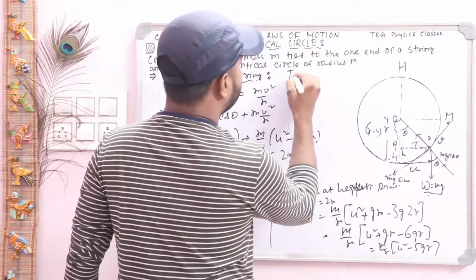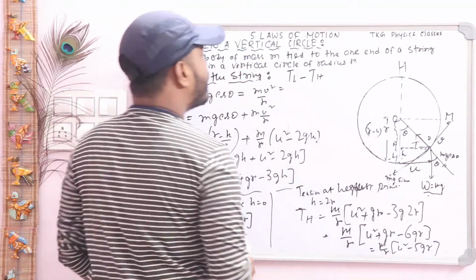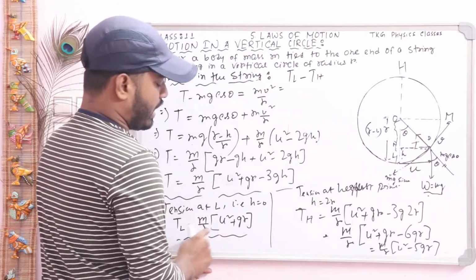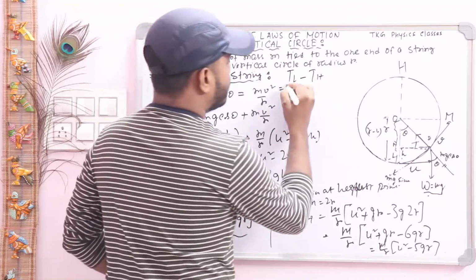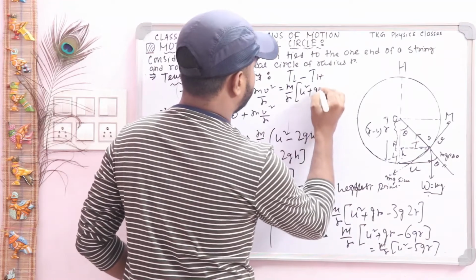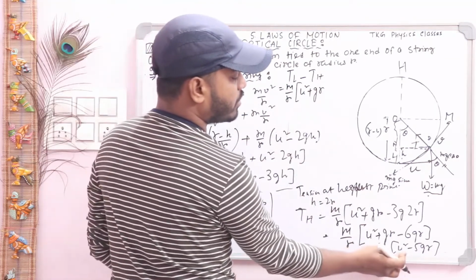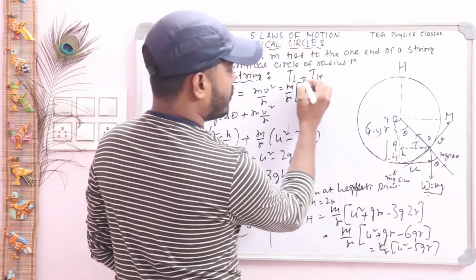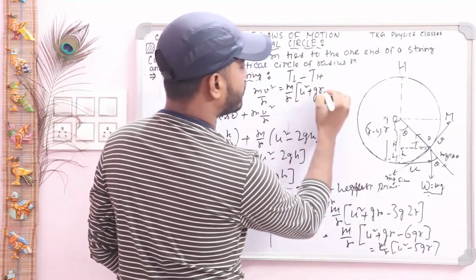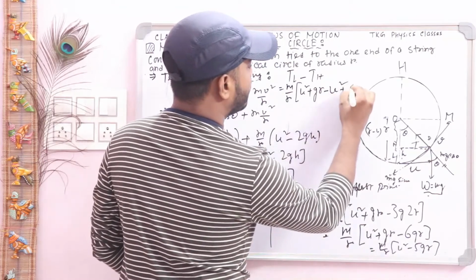So you are finding TL minus TH. Now just use the value of TL, that is m/r (u² + gr). So m/r, that is u² + gr. Now here TH, that is m/r (u² − 5gr). So there is a minus, that is minus u², and minus of this minus, that is plus 5gr.